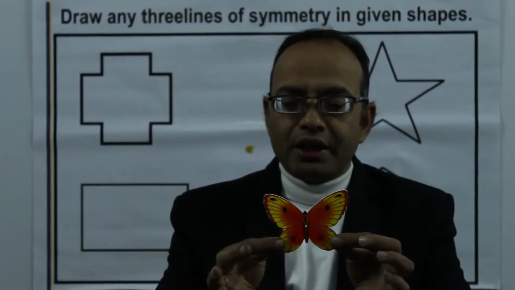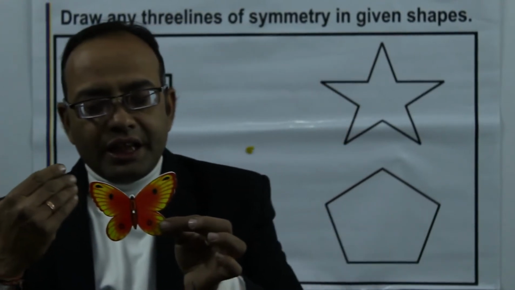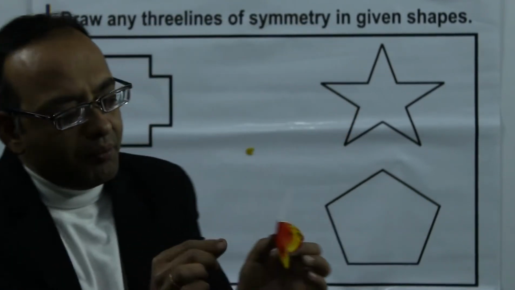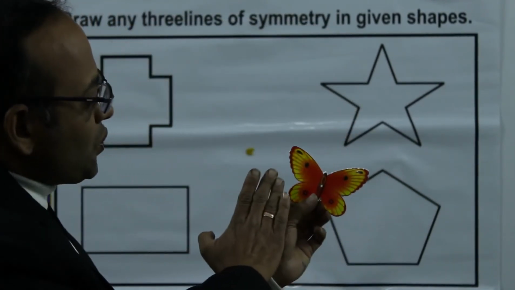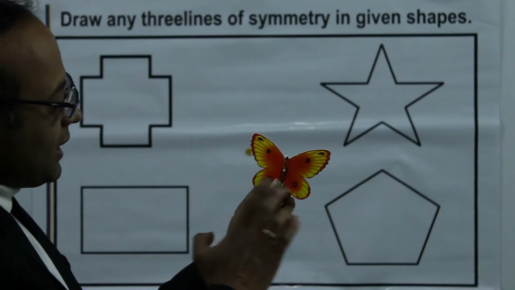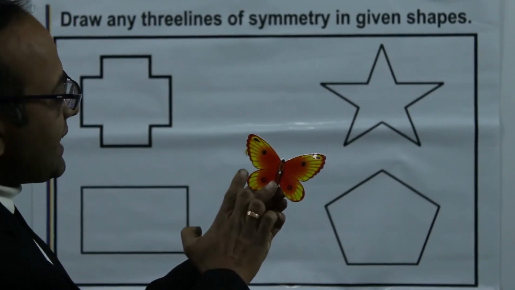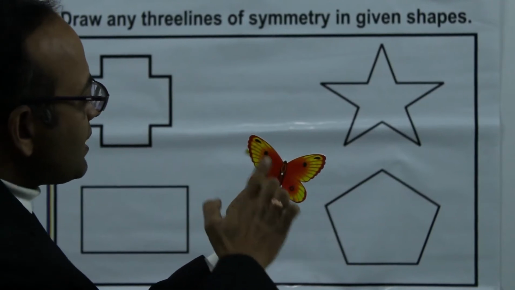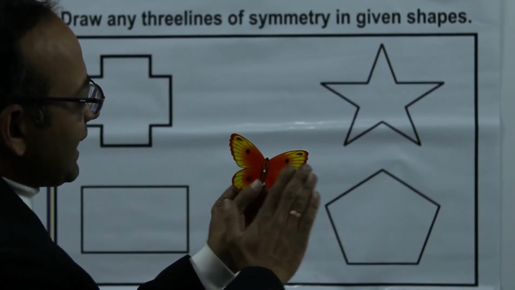A figure that has two same sides is called a symmetrical figure. The butterfly has two same sides, left hand and right hand.